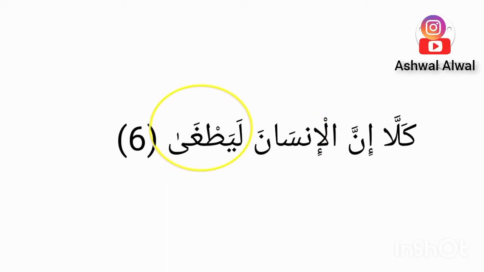Layatgha. The first letter here is lam. The second letter is ya. The third letter there is ta. This ta, the one that looks like a b, is ta. Whenever you see a sukun attached to this particular letter, you pronounce it as a huruf al-qalqala, and that is why you give it the rule of qalqala.